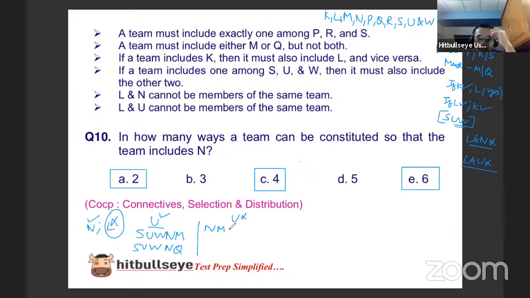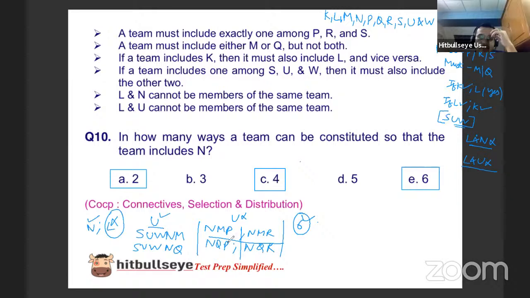NMP is one, NMR is another. What else? NQP. Again, I'm looking at the must conditions. NQR. These are my four combinations when U is not there, isn't it? So what is the total number possible when N has to be included?